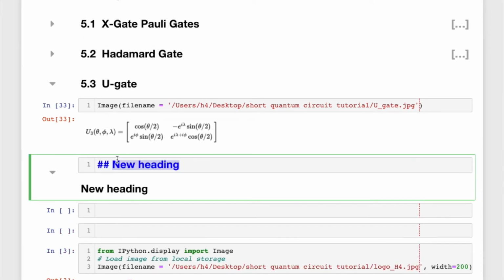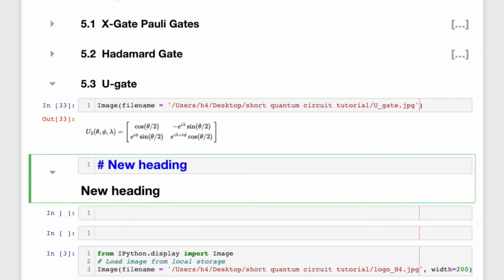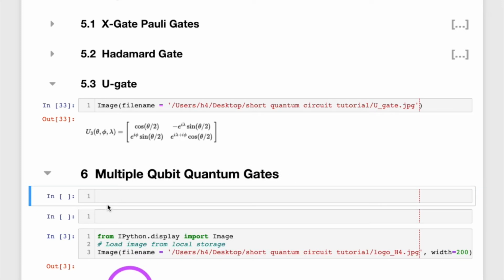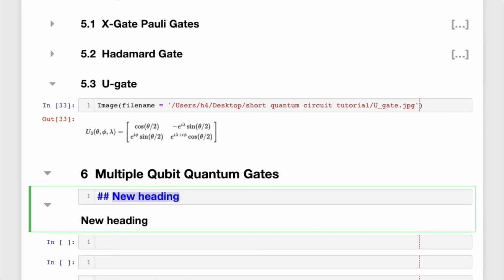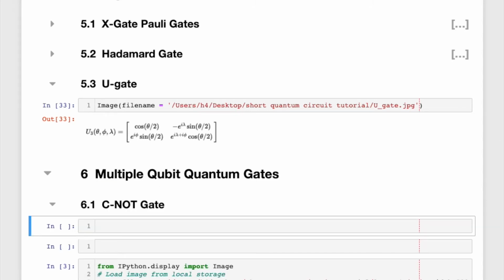Now we describe multiple qubit quantum gates. The first one that is kind of interesting is the CNOT gate. The CNOT gate is a conditional gate that performs an X gate on the second qubit, the target, if the state of the first qubit, the control qubit, is 1.